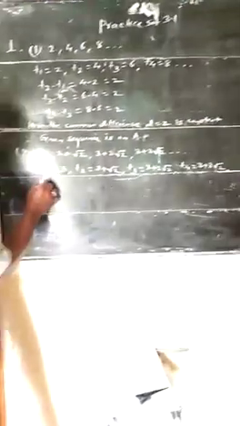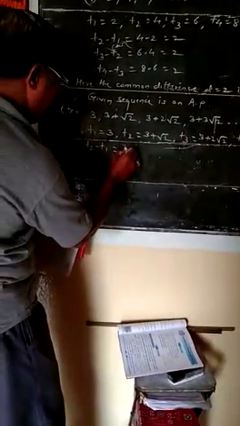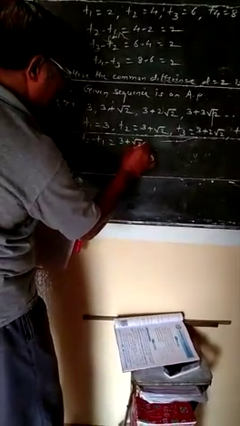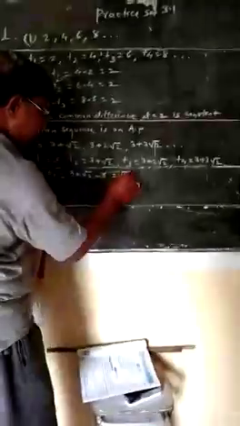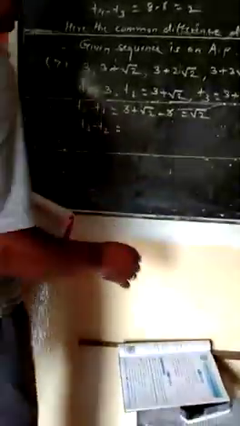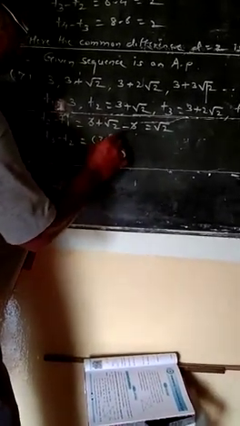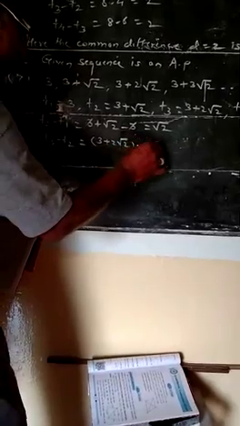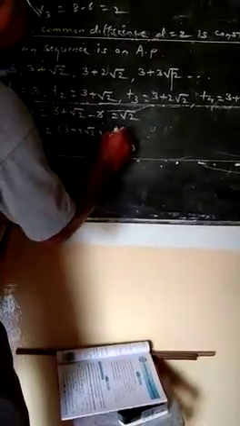Then T2 minus T1 is equal to 3 plus root 2 minus 3. The 3 minus 3 cancel, the common difference is root 2. Then T3 minus T2: T3 is in round bracket, 3 plus 2 root 2, minus T2, which is 3 plus root 2.